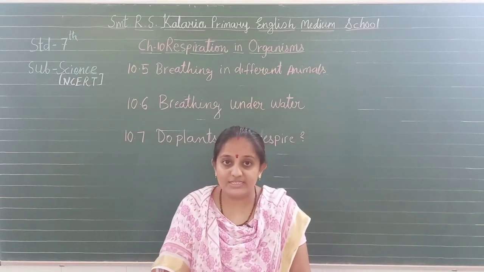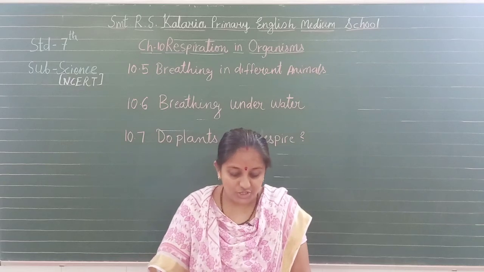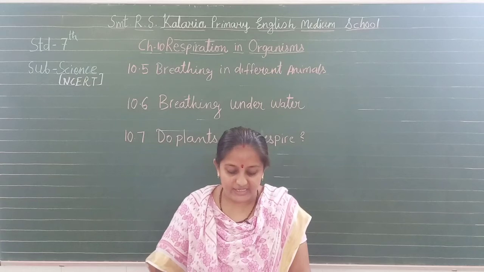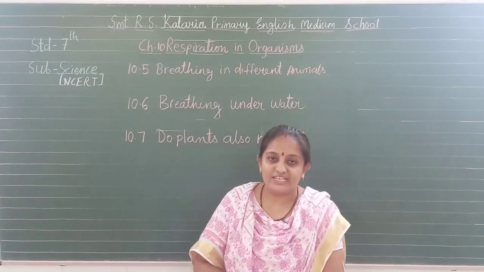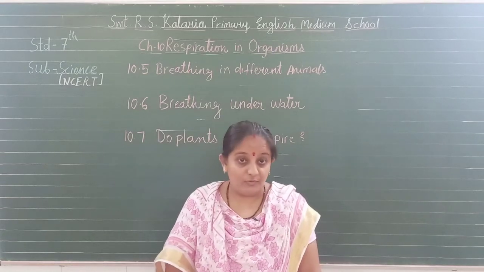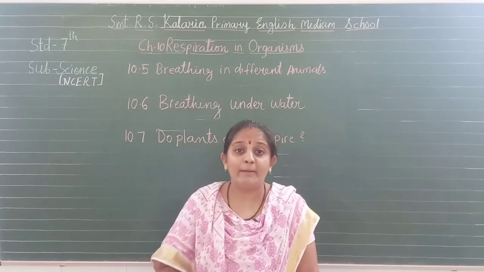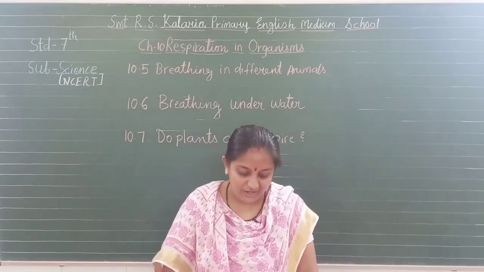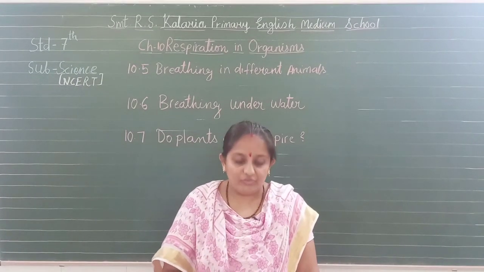So what happens in the cell? In the cell, oxygen is used to break down glucose into carbon dioxide and water, as in other organisms. Each part of the plant can independently get oxygen from the air and give out carbon dioxide, and the same in the night, reverse.